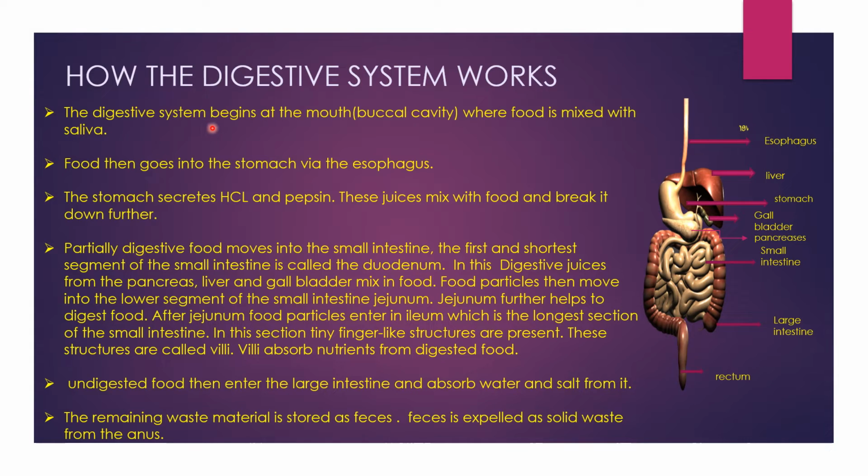The digestive system begins at the mouth, the buccal cavity, where food is mixed with saliva. So first when you eat food, it goes into your mouth. The mouth is also called the buccal cavity, where food is mixed with saliva. Saliva is a kind of liquid present in your mouth, secreted by several glands.